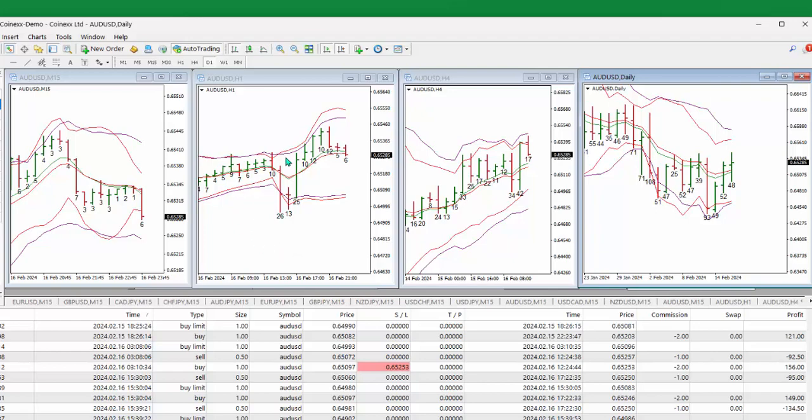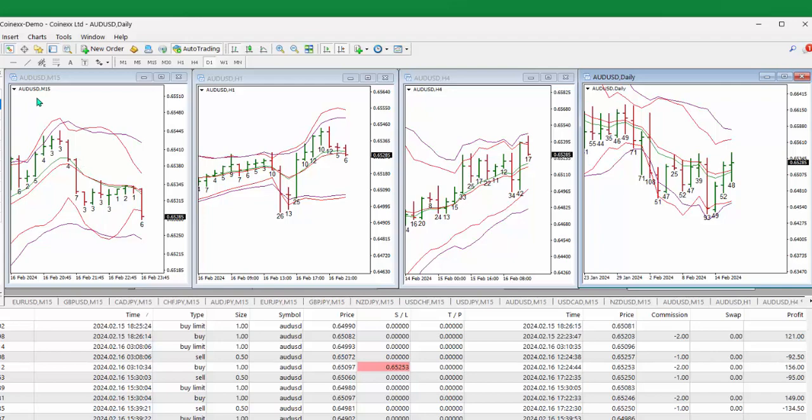Now, if you're unsure on when to enter a trade, what I tell people to do is to watch multiple time frames at the same time. Because the lines above and below the price action are giving you the range where the price should be trading at any moment in time.